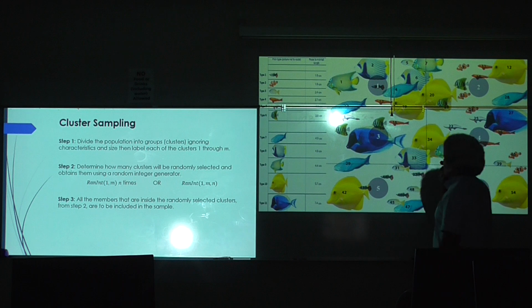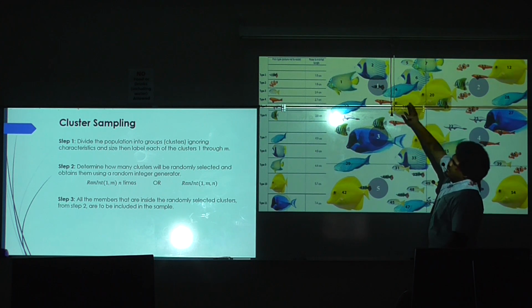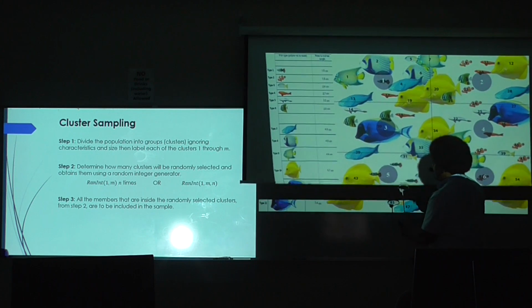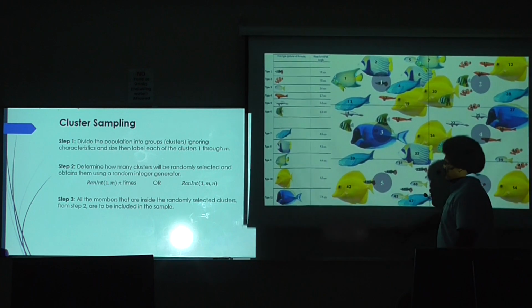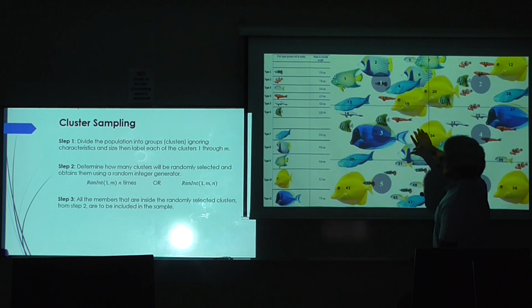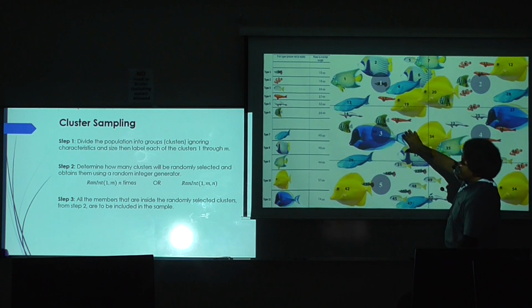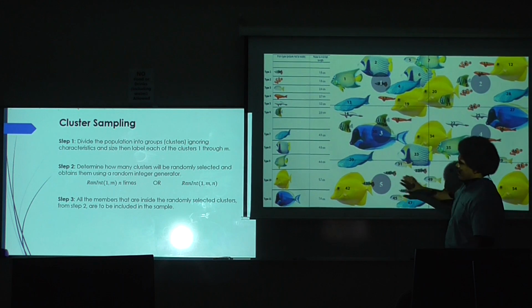When it comes over here, you can notice I put it into clusters. I'll come down so we can see better. I divided it into six sections: top left, top right, middle left, middle right, bottom left, bottom right.